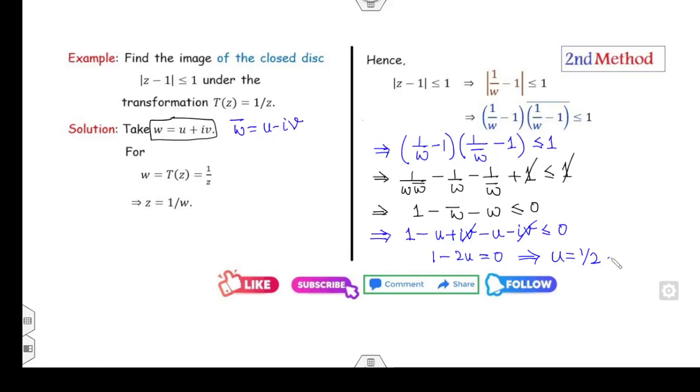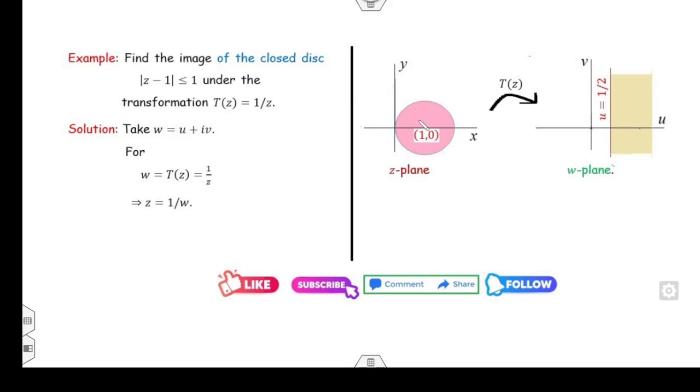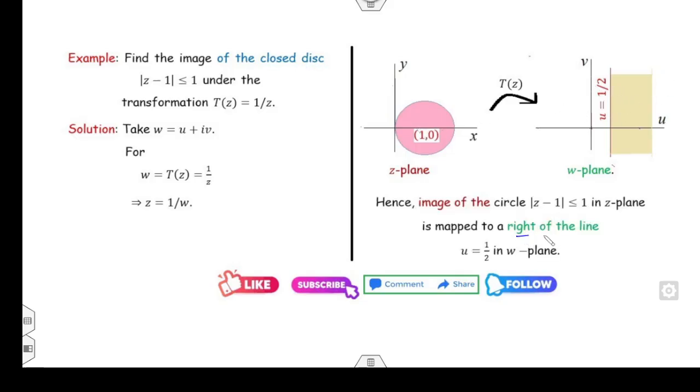Fine. Sorry, again, it is not the equality, it's a less than sign. So it will be u is greater than or equal to half. So you can draw it. That means the closed disk is mapped to the right half of the disk. Fine. So the right half of the line u equal to half in the w plane.